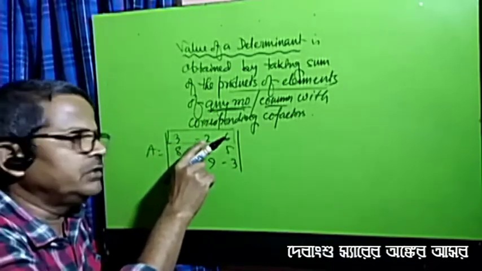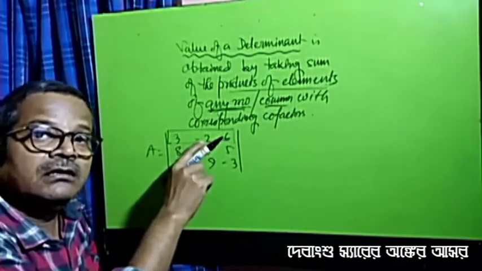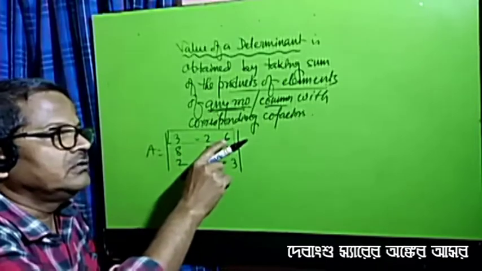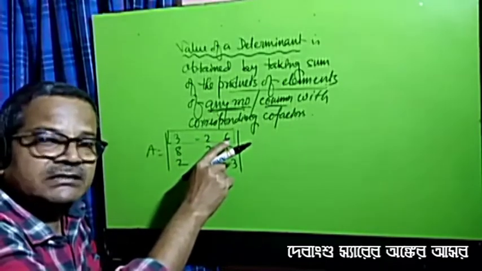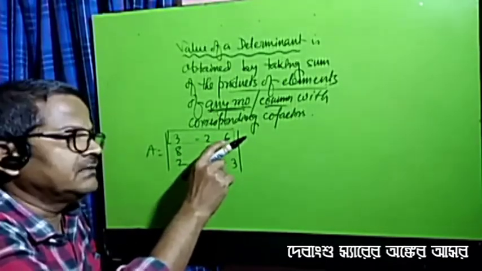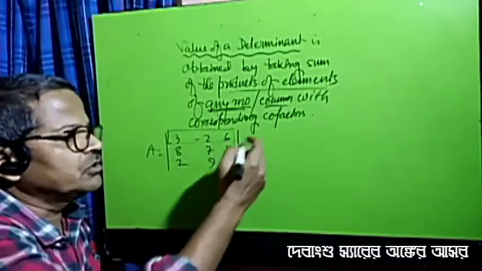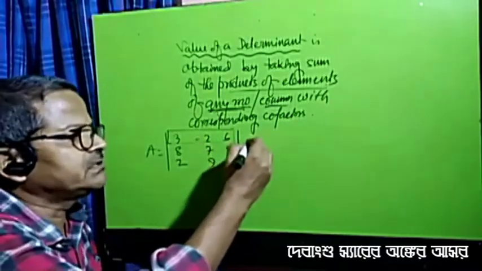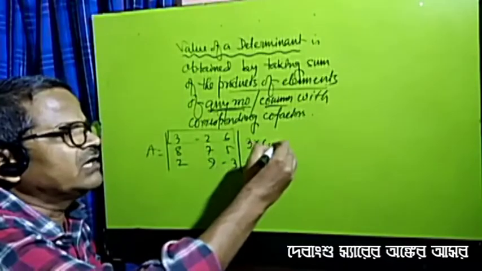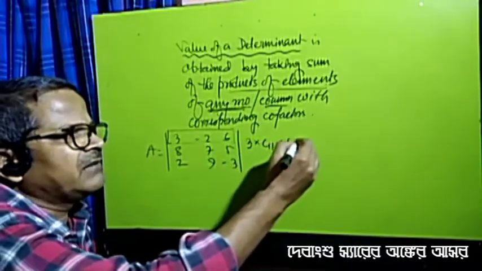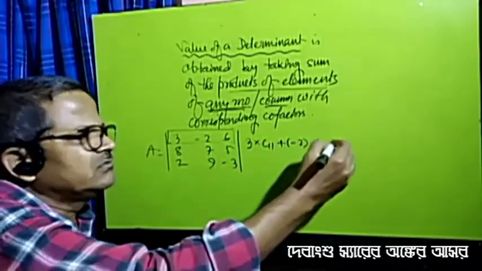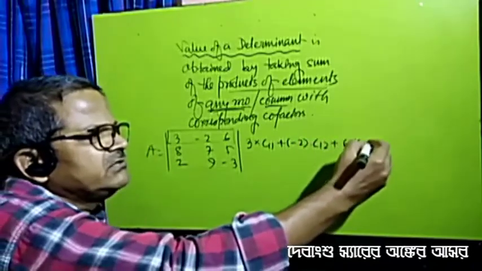Minus 2 will be multiplied by C12. 6, since it is the 1 3 element, is multiplied by C13. So if we expand with first row, it will be 3 into C11 plus minus 2 into C12 plus 6 into C13.